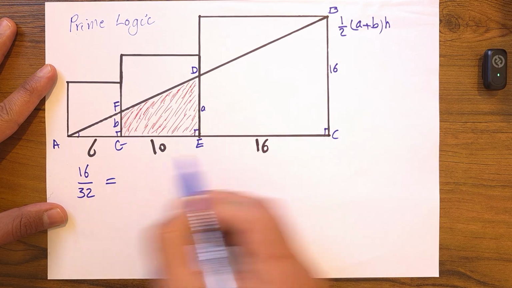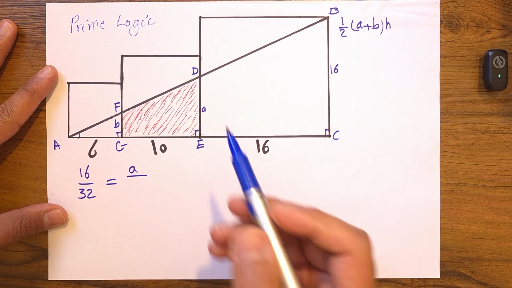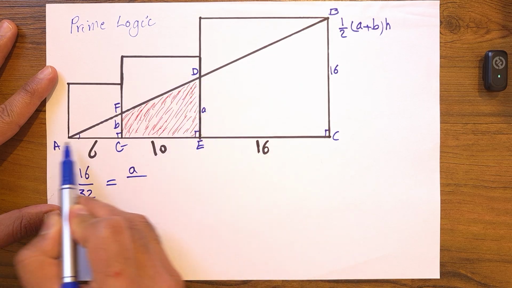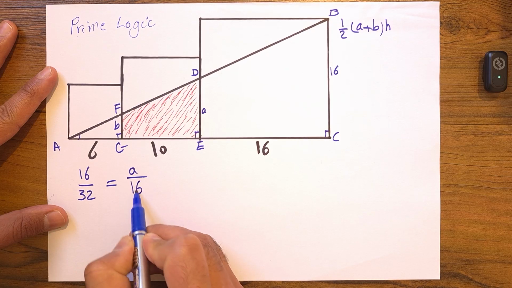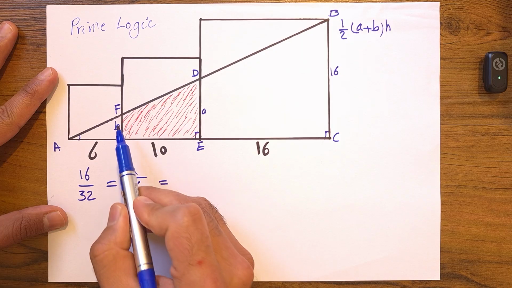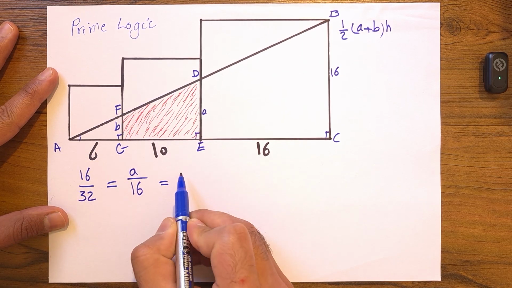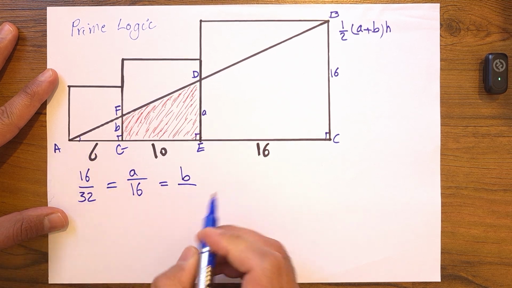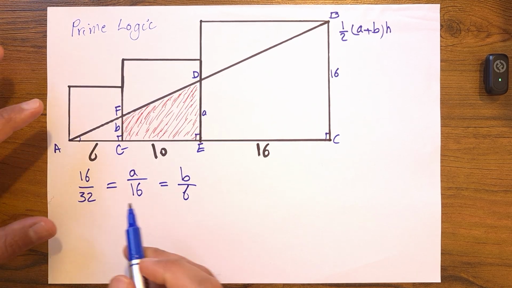So 16 over 32 gives us the same proportion as A over 10 plus 6 in triangle AED, so A over 16. Then we can write down the same for the little triangle AGF. The corresponding side there is B, and B over the corresponding side, which is 6. Now we can easily solve for A and B.